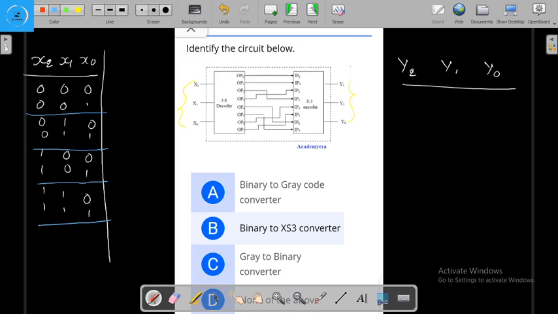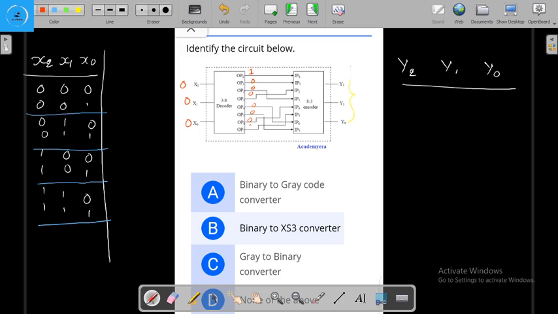Let's see here. If our input will be 0 0 0, then op0 will be 1. For the 3 to 8 decoder we have seen that for the all-0 input, the first output, that is op0, will be selected, so this will be 1 and the rest all will be 0.